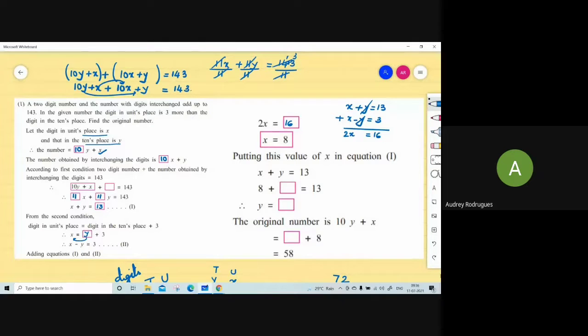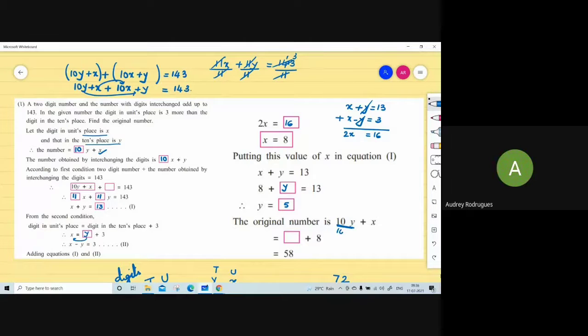Now, Sham, what will you put in place of this box? Y. Okay. So what will be the answer for y? 5. Very good. So Ankit Raj Purohit, the original number is 10y plus x. So what will come here? 10y.